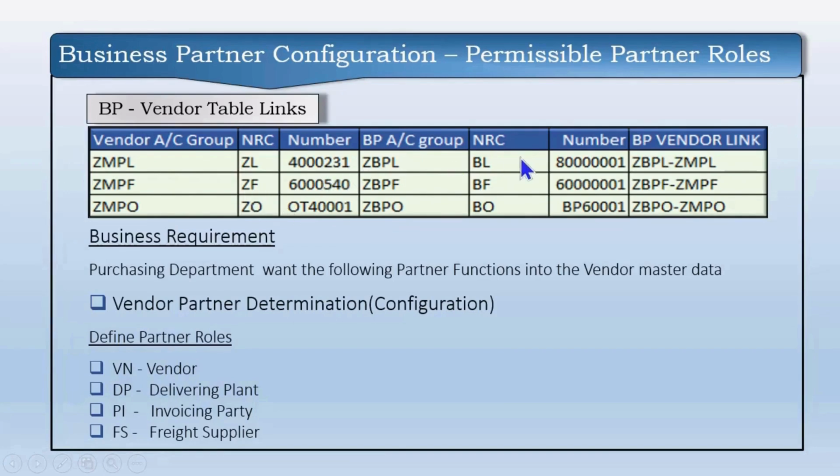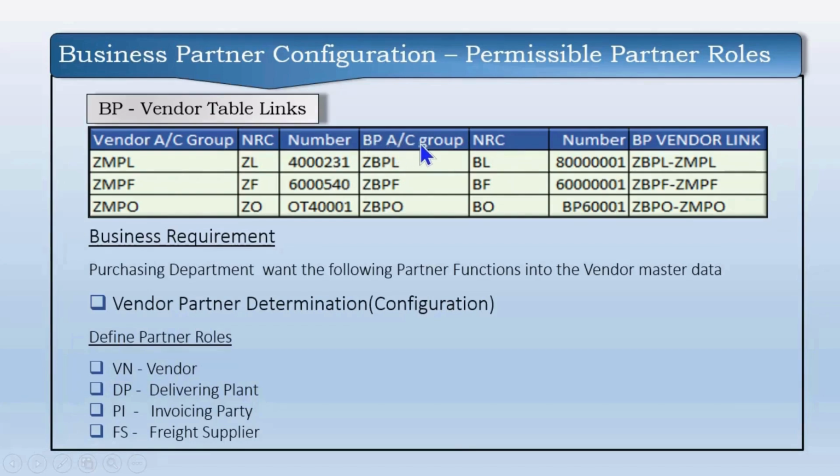This is the sample table. From here, you see the vendor account groups we created for 3 different vendors. We created the number range codes, and then we assigned the different number ranges. In real time, we assign different numbers. Just for example, I have taken these numbers, so don't consider them as is.